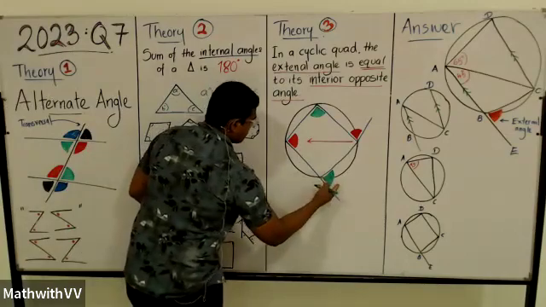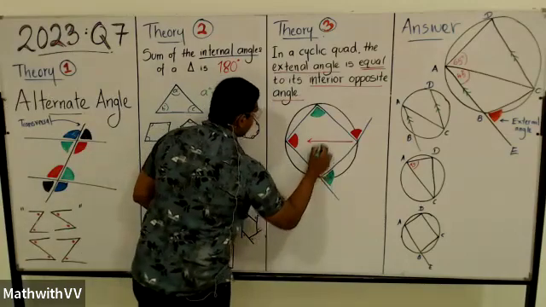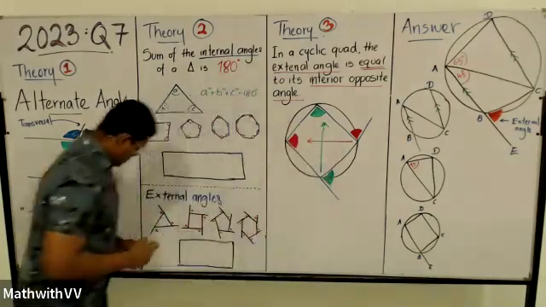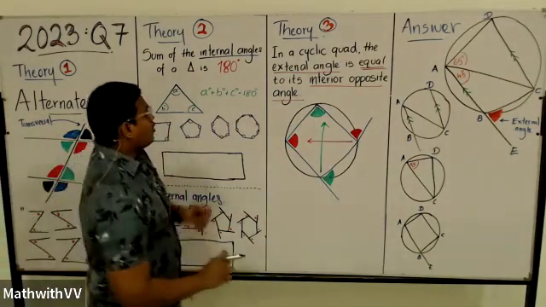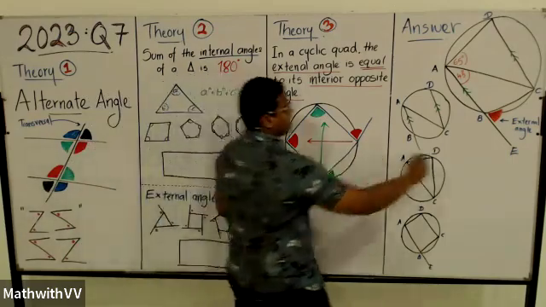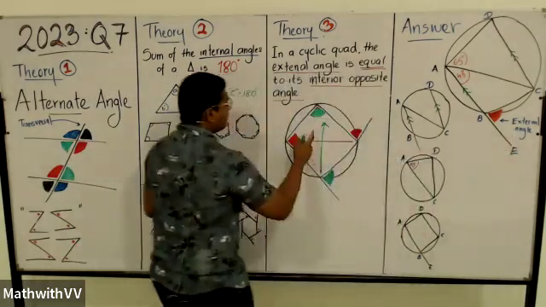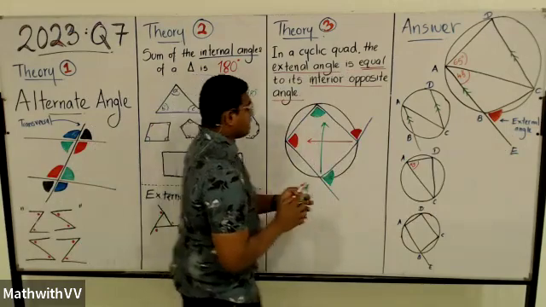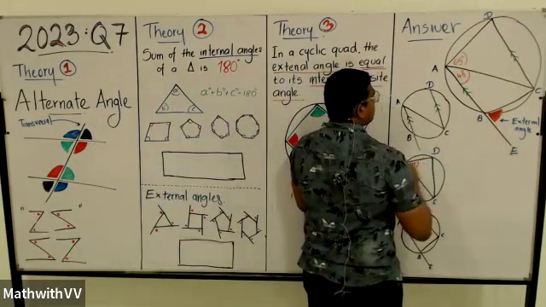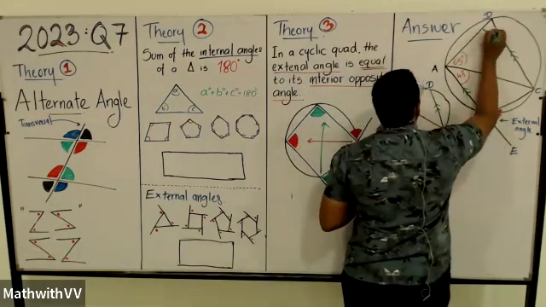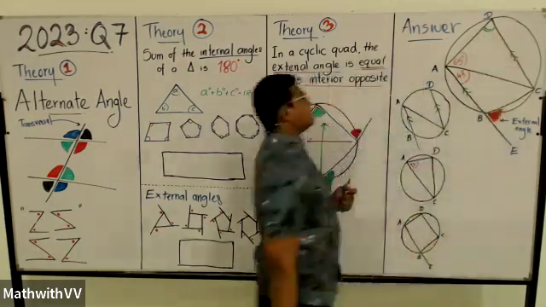That is the only theory that we have which connects the external angle to the opposite interior angle. So to find this angle, we have to find this.